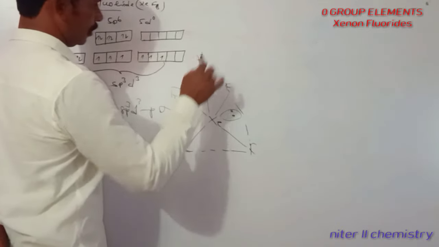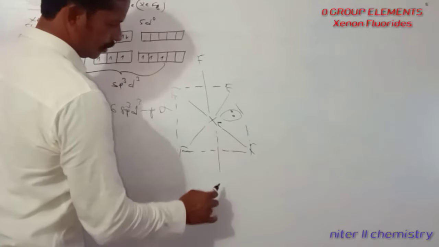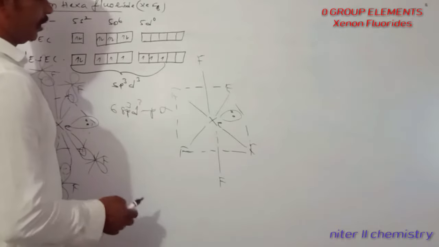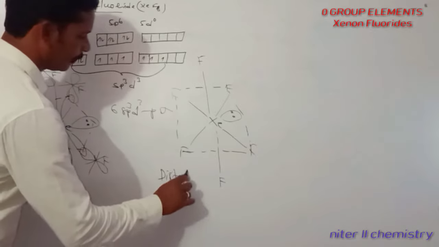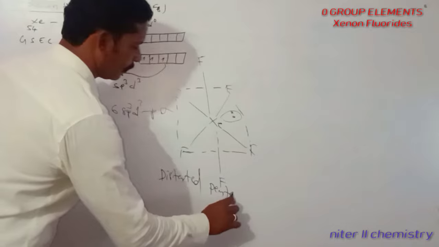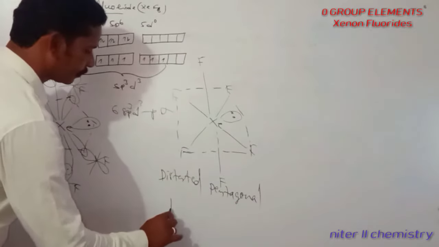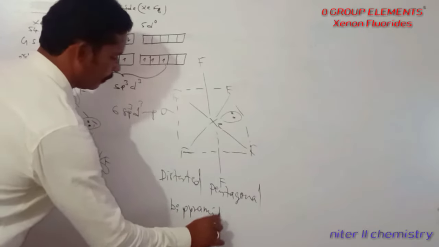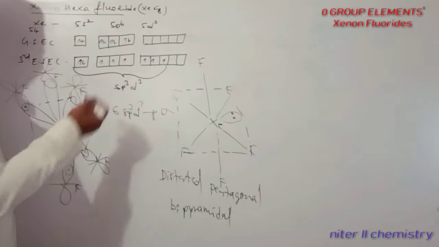Another fluorine is upside, the other one is downside. So this is the geometry. Which type of geometry is it? Distorted pentagonal bipyramidal geometry.